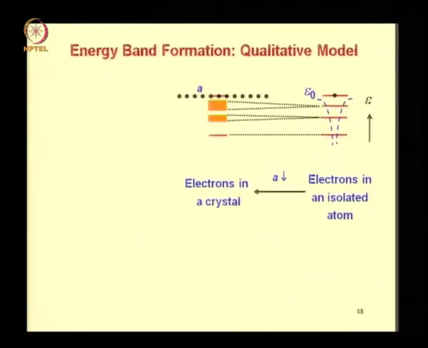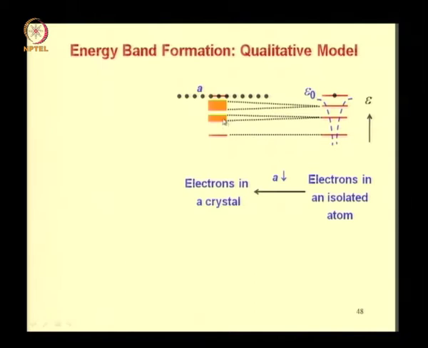So when you apply Pauli's exclusion principle to electrons in a crystal, no two electrons can have the same energy state, and therefore the electrons corresponding to all these atoms, which are very large in number in a practical crystal, should all be different from each other. Therefore a single energy level spreads into a number of levels, but which are all closely spaced, and therefore this appears like a band.